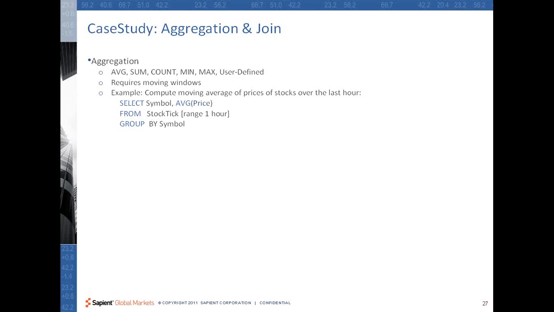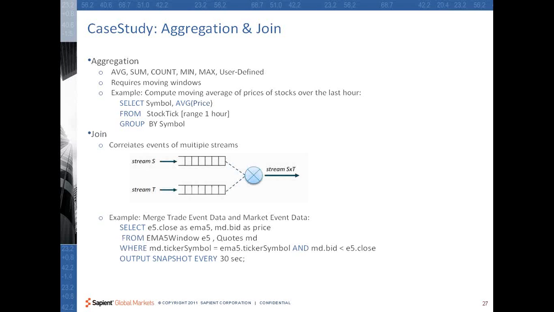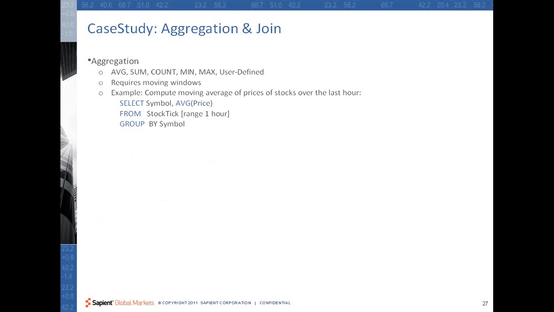Aggregates can be calculated on any type of window defined, like a temporal window or a tumbling window. You can also see an example over here where we are calculating the average over a period of 1 hour for the price.